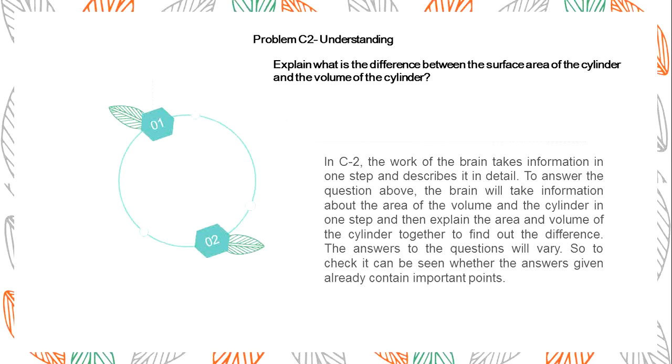To answer the question above, the brain will take information about the area and the volume of the cylinder in one step, and then explain the area and volume of the cylinder together to find out the difference. The answers to the question will vary, so to check, it can be seen whether the answers given already contain important points.